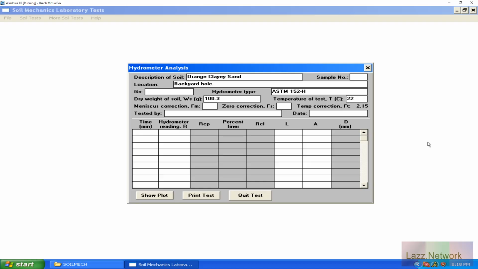So if you were to get a reading of 14 at 22 degrees Celsius, you're going to subtract 4 from your actual reading. Then your actual reading is going to be 10, because the sodium hex in the water density has displaced your hydrometer reading higher. So, have I lost anybody yet?